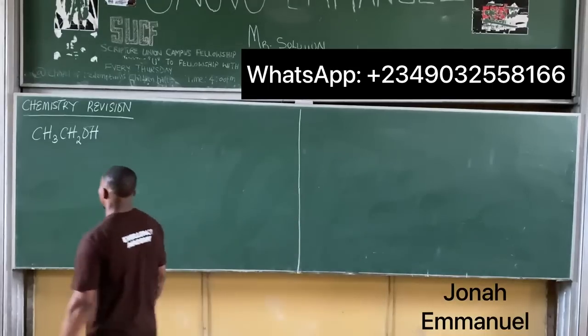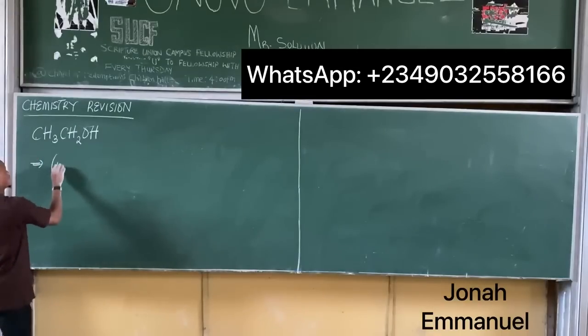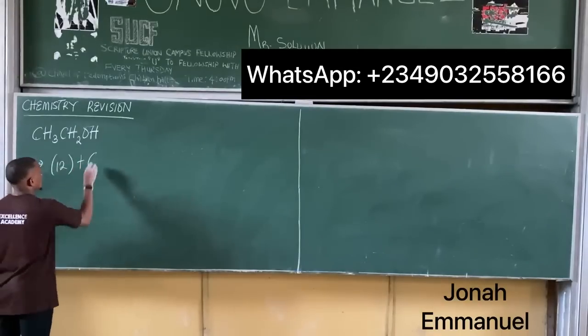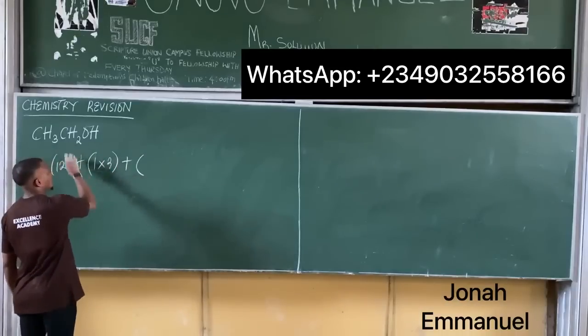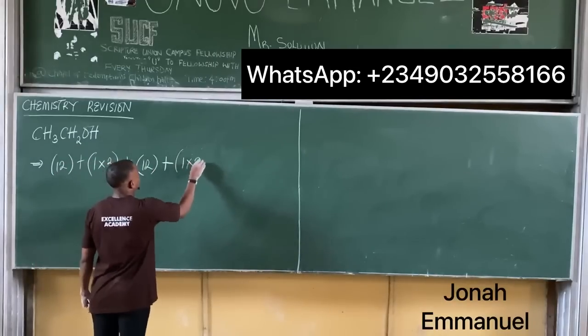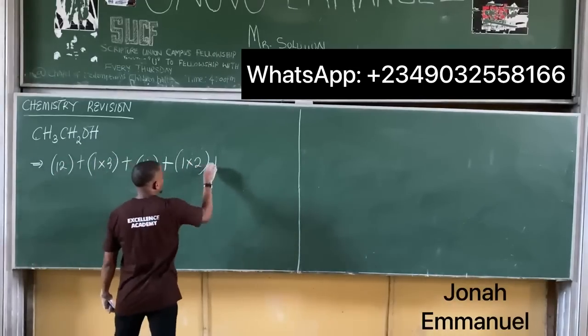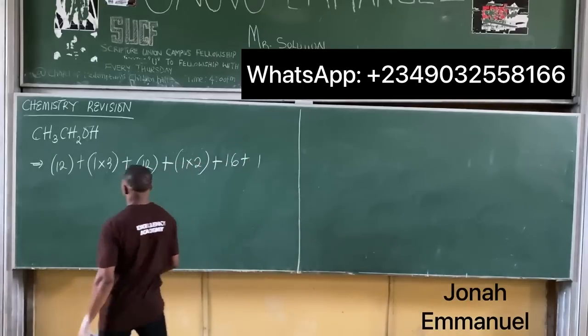Let's get molar mass for ethanol, please. Carbon, how many? 12. Hydrogen, 1 times how many? 3 plus carbon, 12 plus hydrogen times 2 atoms plus oxygen, 16 plus hydrogen, 1.